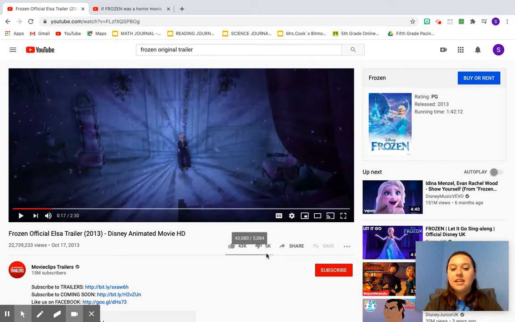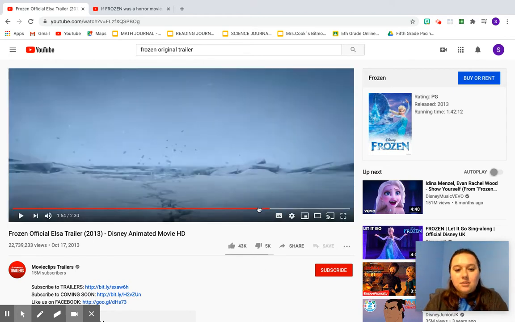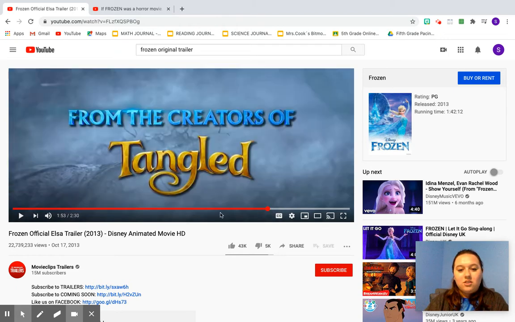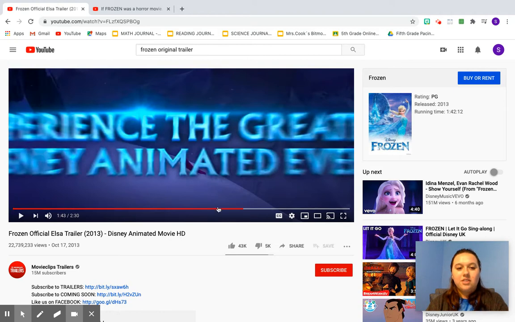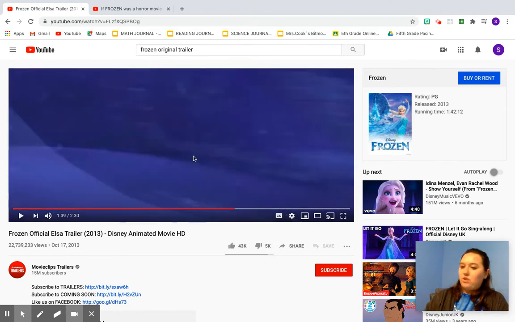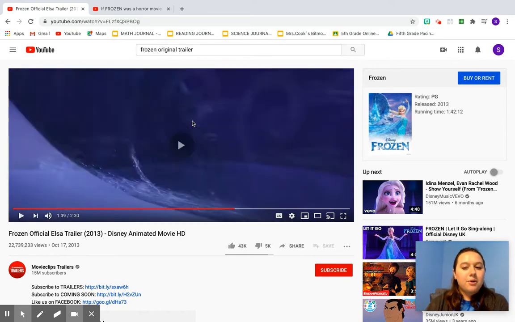And the multimedia elements, which were the videos and the pictures and the sound effects, helped to contribute to that tone as well. So you saw, back in this part of the video, those words pop up again, where it said experience the greatest Disney animated event. Listen to the music that's playing during that part.